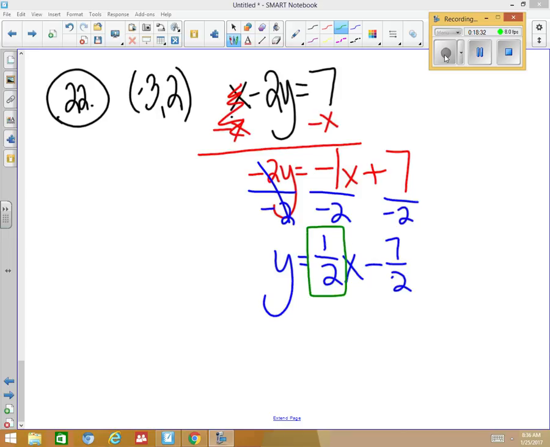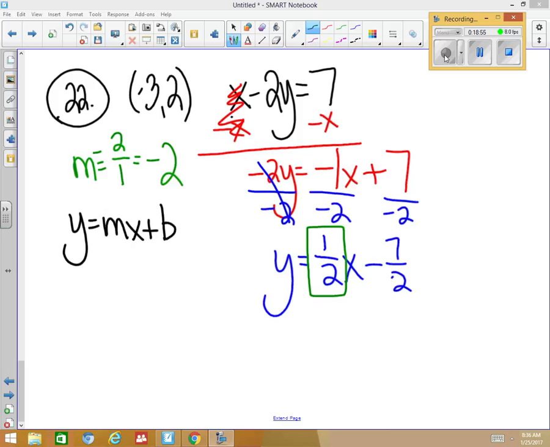Now, what's going to be my new slope? -2. Why? Because you flip it and change the sign. You flip it to get 2/1 and change the sign. And Maggie said, okay, well, that's just -2. Okay. Plug it back in. So the slope is -2.